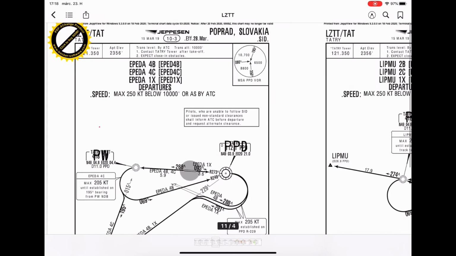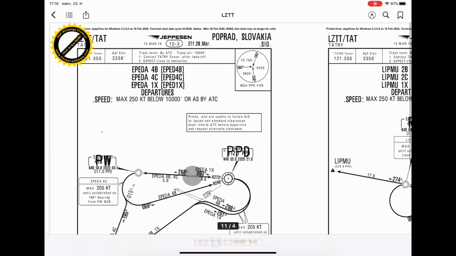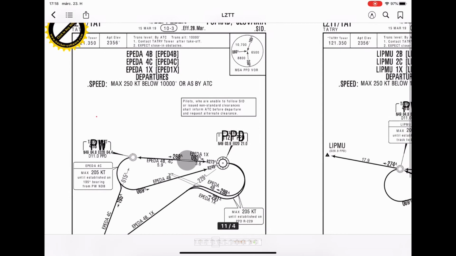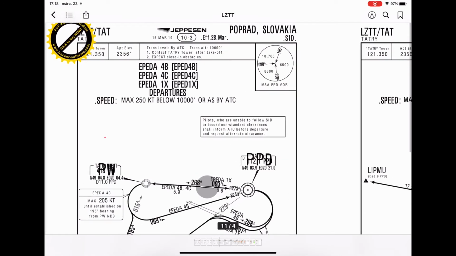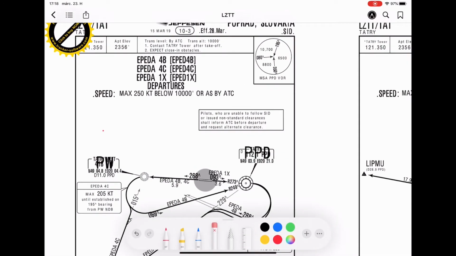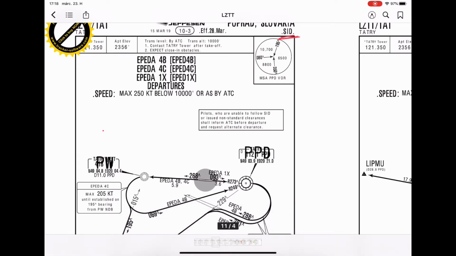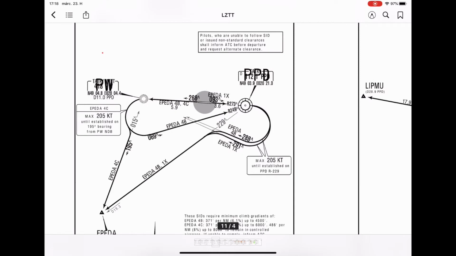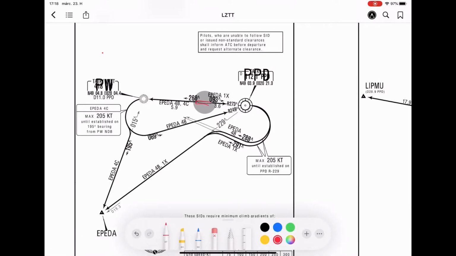Okay, so what I wanted to point out is that here, in the upper right corner, it says that this is a Poprad Slovakia SID. So it's an SID, which means that it's a standard instrument departure. And usually they're going to give you a whole lot of routing. So here you can see the runway itself and different types of departures.